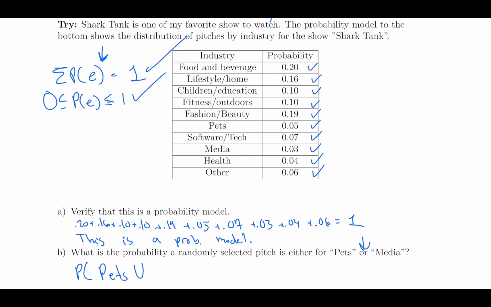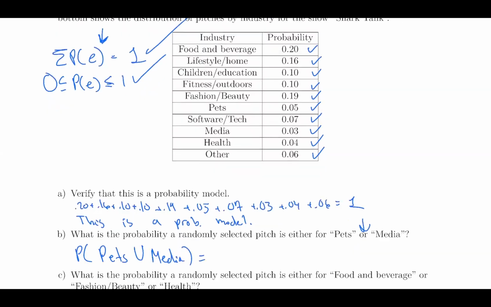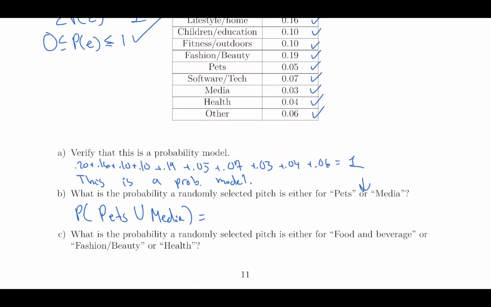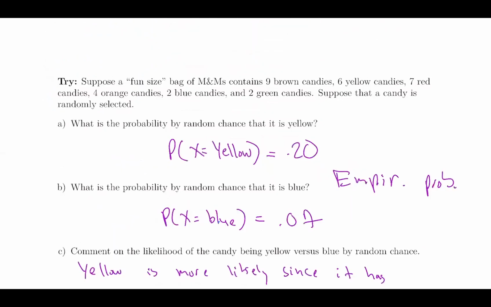So you put union, and then you put media. So we want to find the probability they're in pets or in the media industry. So what percentage are in the pet industry? Good. They get a point.